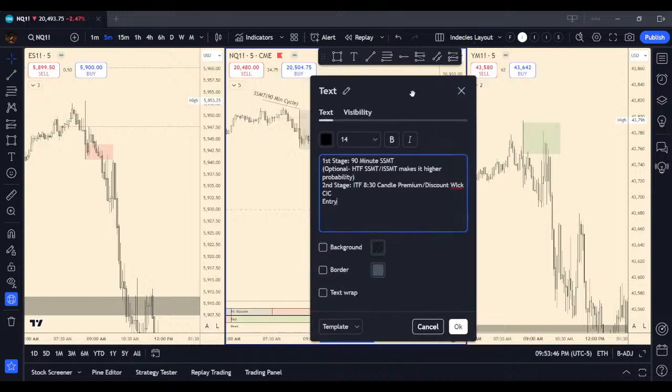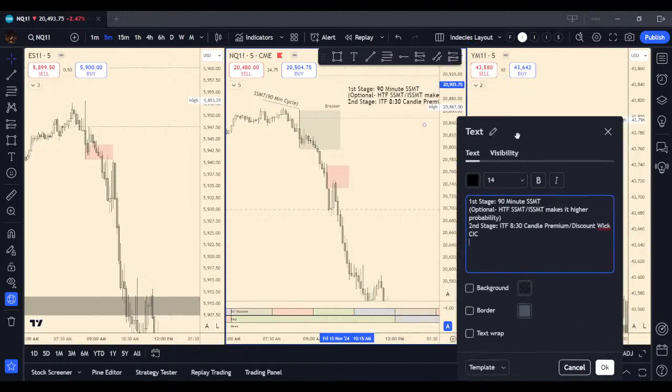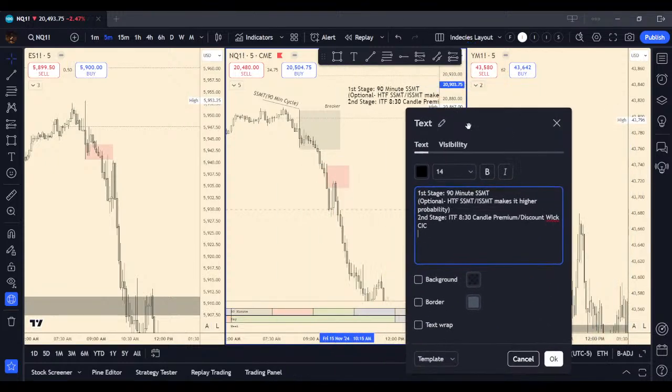You can only take your entry off that 8:30. I guess you could wait for PSP as well, like when the market opens, you have a PSP at market.